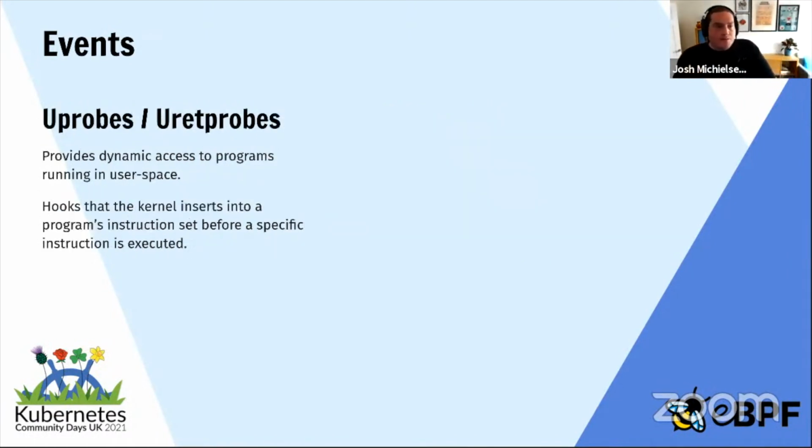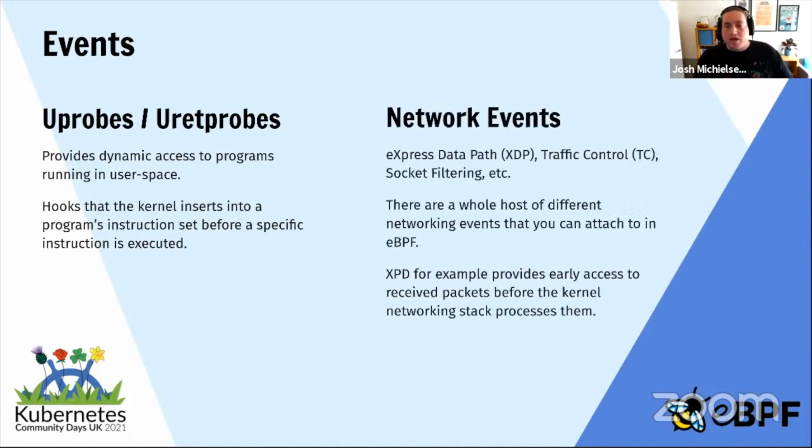uprobes and uretprobes are very similar to the kernel probes we've talked about before, but these hook into programs running in user space, and you can get additional information about those programs. And then we have network events: the eXpress Data Path, which is XDP, traffic control, and socket filtering.